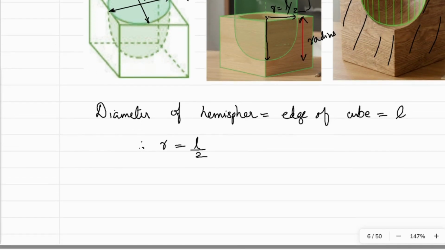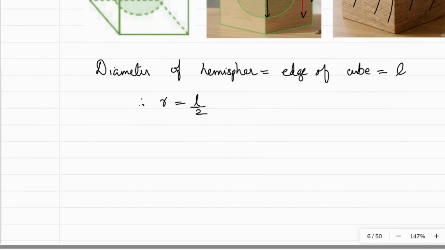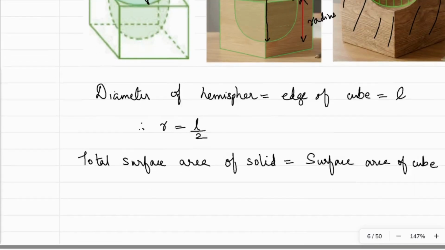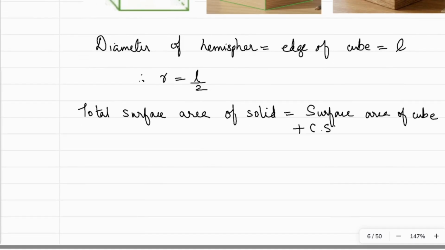So in order to do that, let me do all those things in a single step. Total surface area of solid will be equal to the surface area of cube. From the cube, you will have to add the CSA of the hemispherical part, plus CSA of hemisphere.